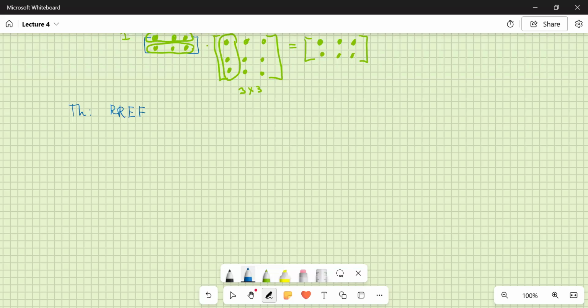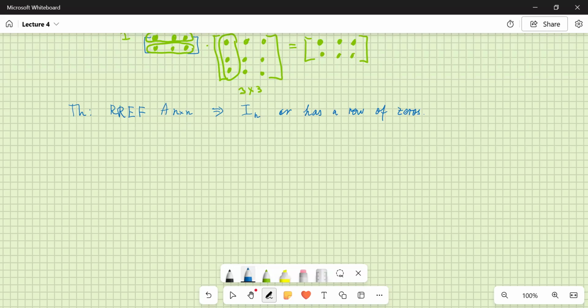Well, the theorem is going to tell us that if you have the reduced row echelon form of an n by n matrix, I'm going to label it A, an n by n matrix, then this reduced row echelon form is either the identity matrix or has a row of zeros.